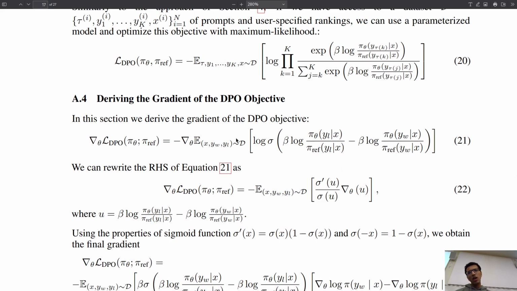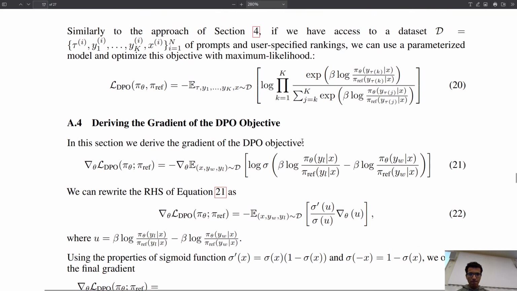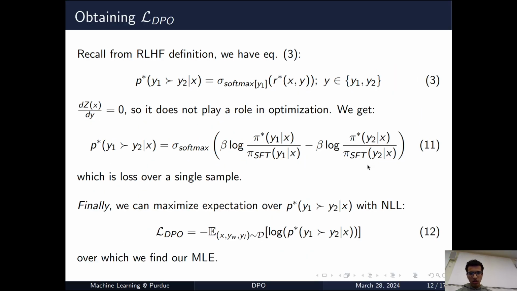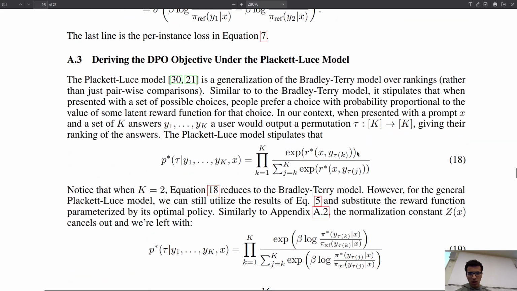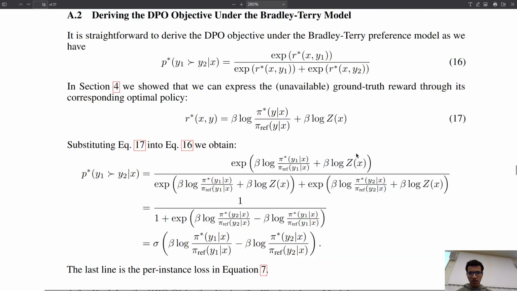In this section we derive the gradient of DPO, but we have pi theta and pi ref. So we are representing it at the end as a function of pi theta and pi ref. So pi star is not included in the final one. Okay, I see there is confusion here. That makes sense.